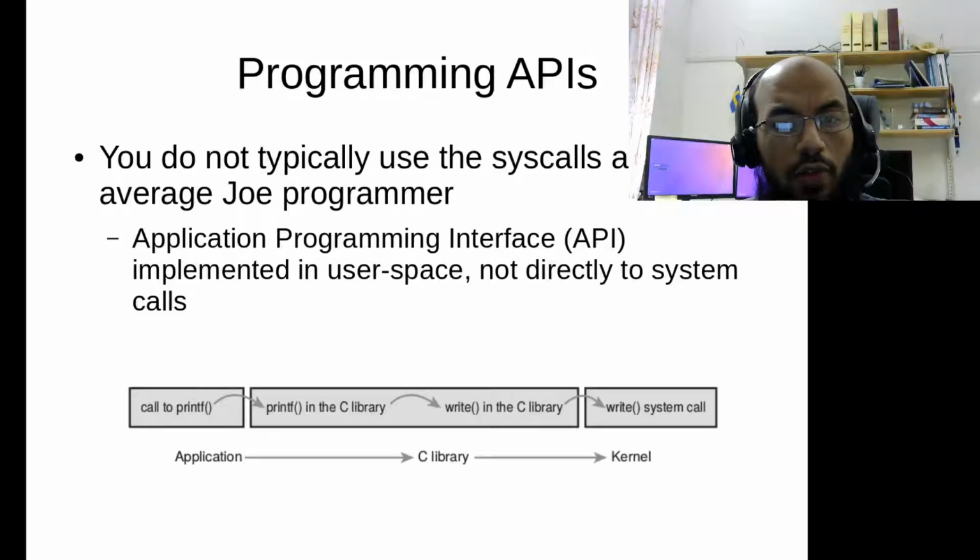The language library calls a function, for example, printf in the C library calls a write function in the C library. And this is basically the POSIX abstraction that we're going to talk about in a little while. And then this one is the one that calls the write system call in reality.